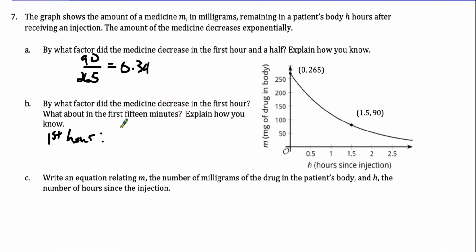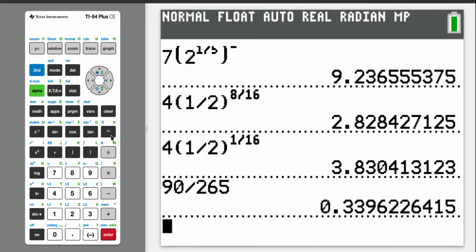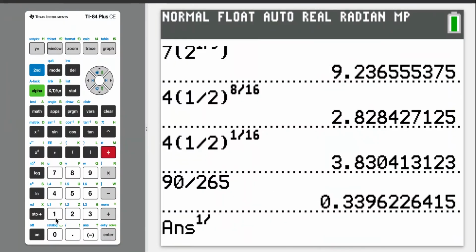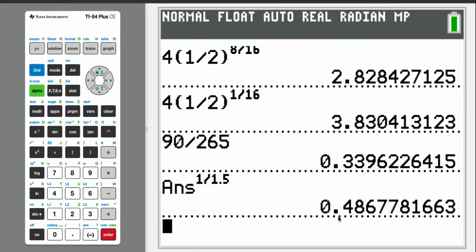If I want to convert that to a 1 hour period, I can take the whole fraction, so I have the exact value, 90 over 265, to the 1 over that interval, 1 over 1.5. If I put that into the calculator, I can just take this value and raise it to the 1 divided by 1.5 power. There is my growth factor over each hour period.